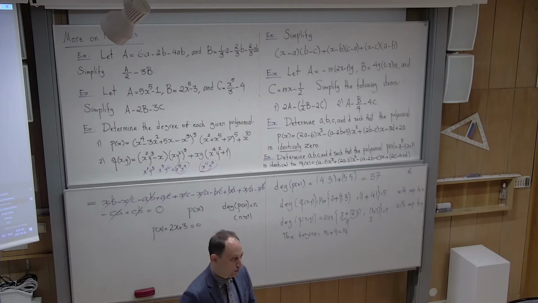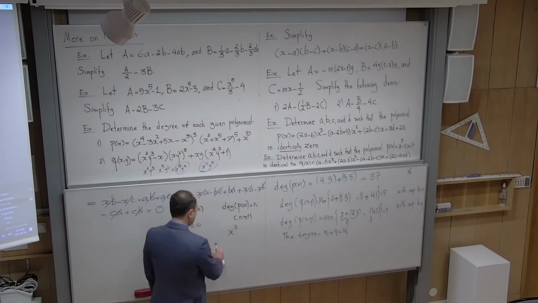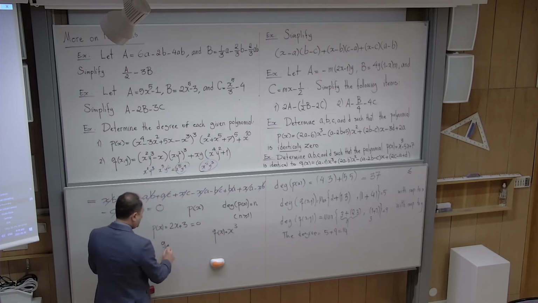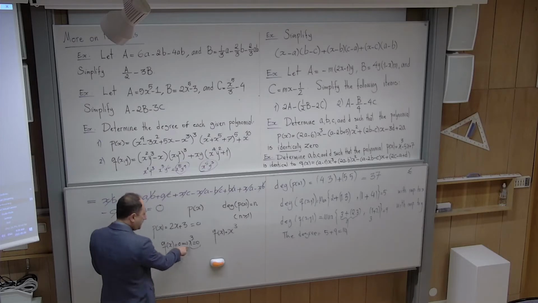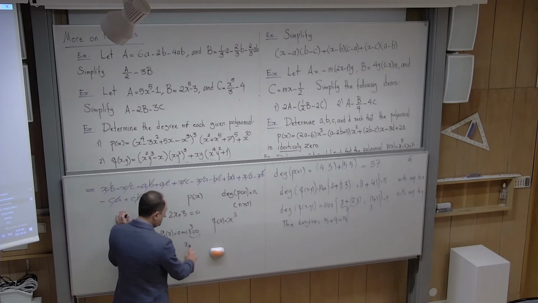Yes, x cubed is probably the simplest possible scenario. Because if q(x) is x to the power of 3, and I ask you to solve this equation, you put x to the power of 3 equal to 0. If I ask you what is the degree of this equation, you say it is 3. But if I ask you how many answers you get, just 1 answer, and that is what?